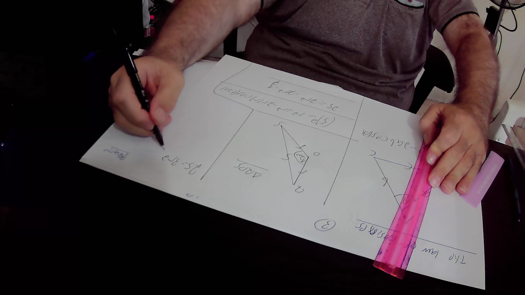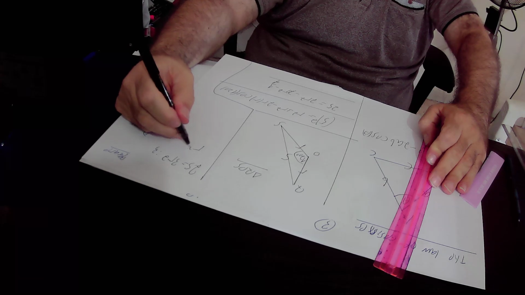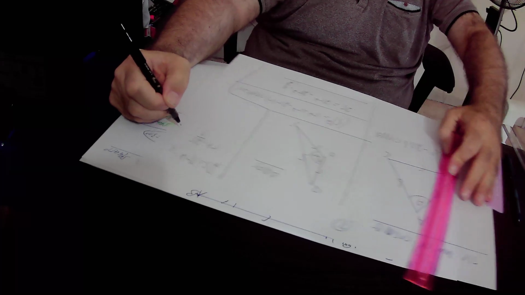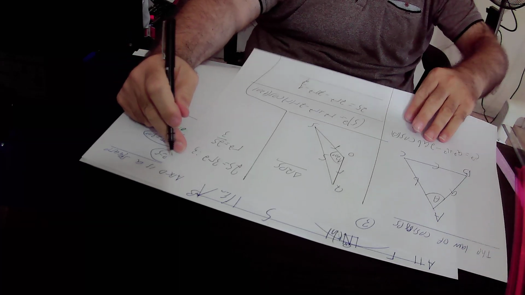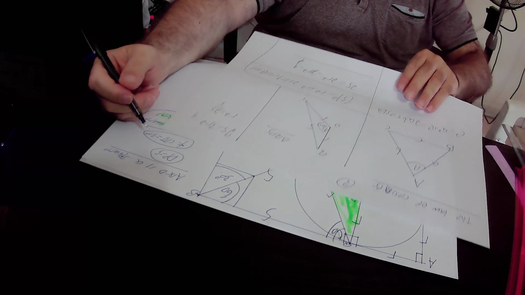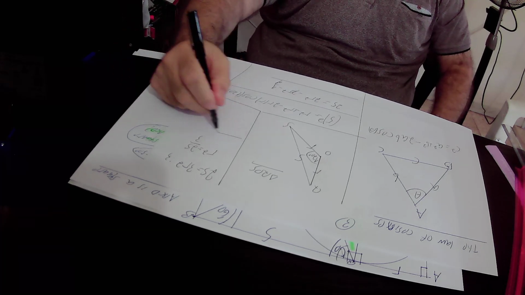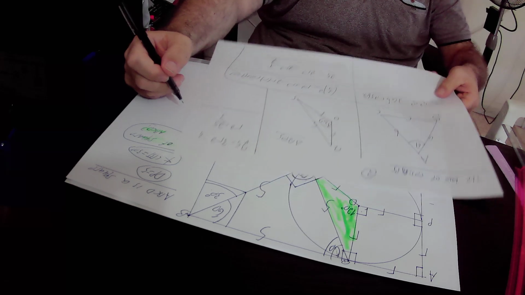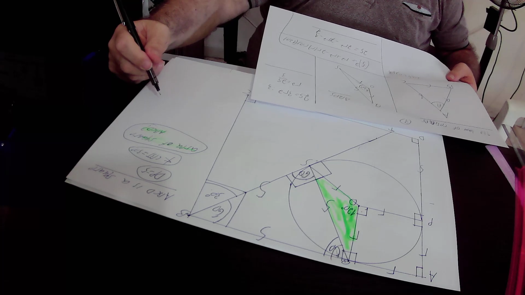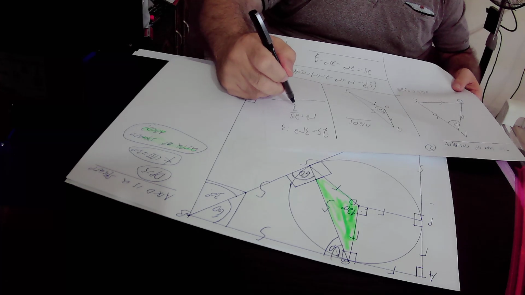So here we will divide this equation by 3, and we get that R squared equals 25 over 3.